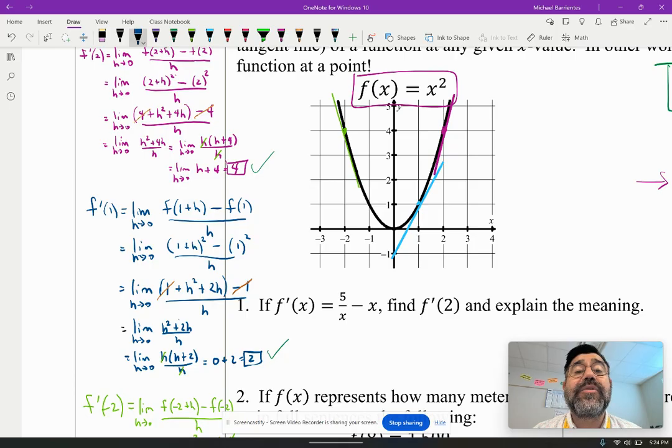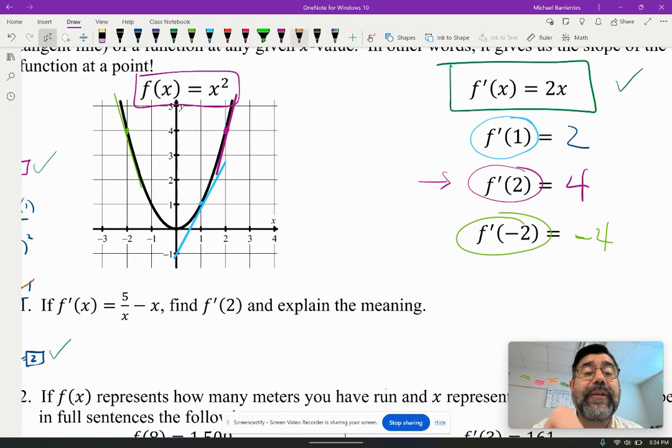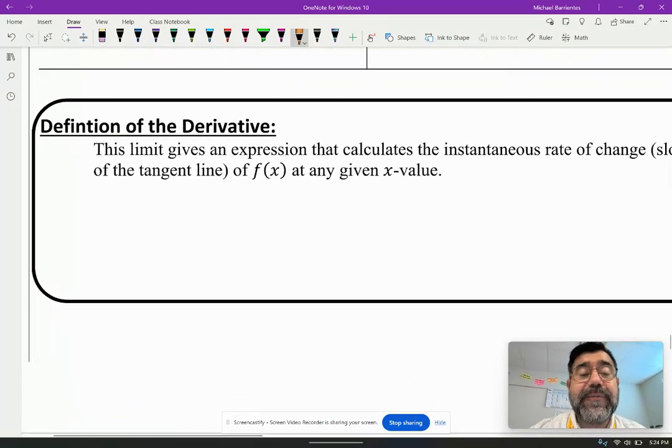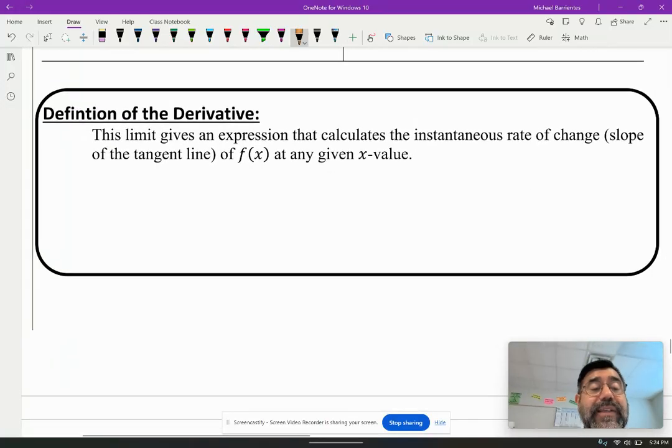And that would be more powerful because then it would be like going from here to here in one step. And so as you go to the bottom of the page, it says there's a limit that's going to give us an expression that calculates the instantaneous rate of change, or the slope of the tangent line, which we know as a derivative, of a function at any x value.